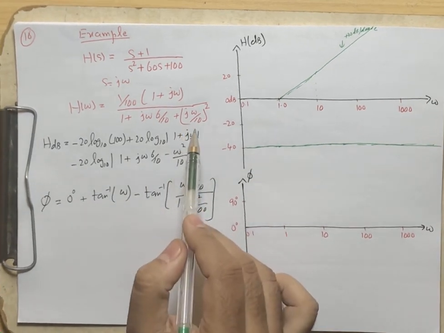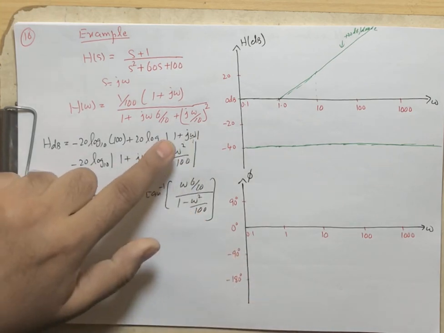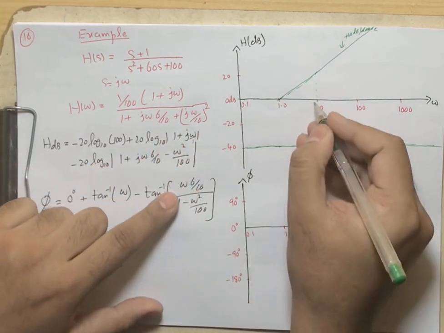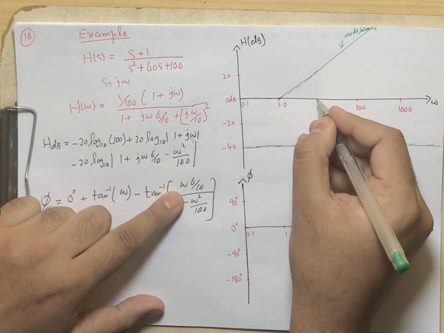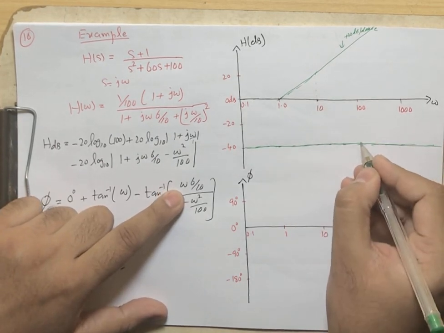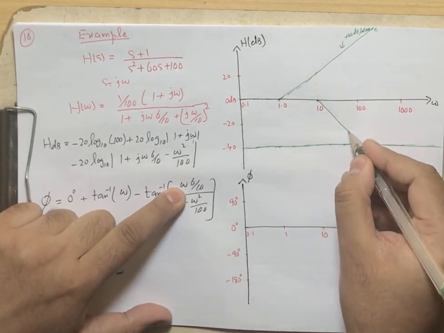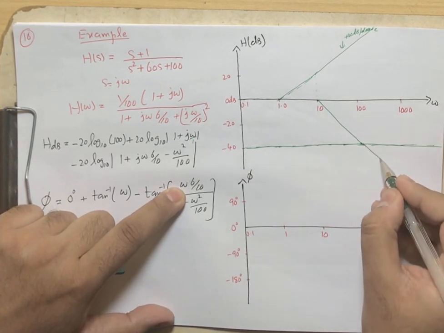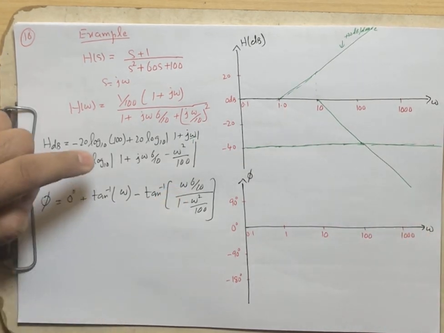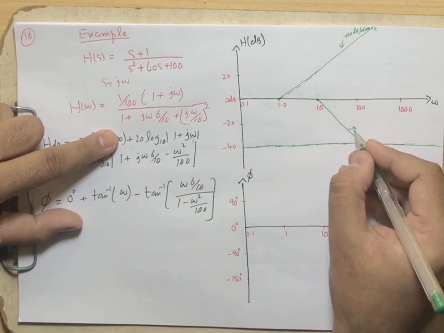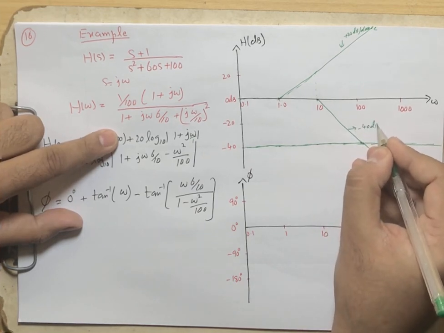For the quadratic poles, omega n is equal to 10, and from omega n until 100 it will reach minus 40 dB and so on. So this is minus 40 dB per decade.